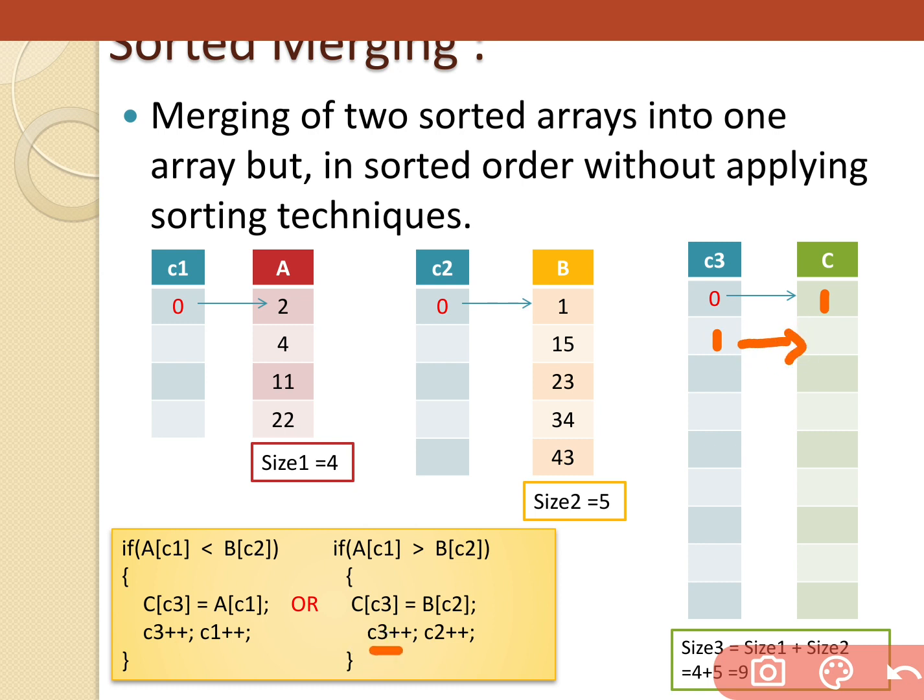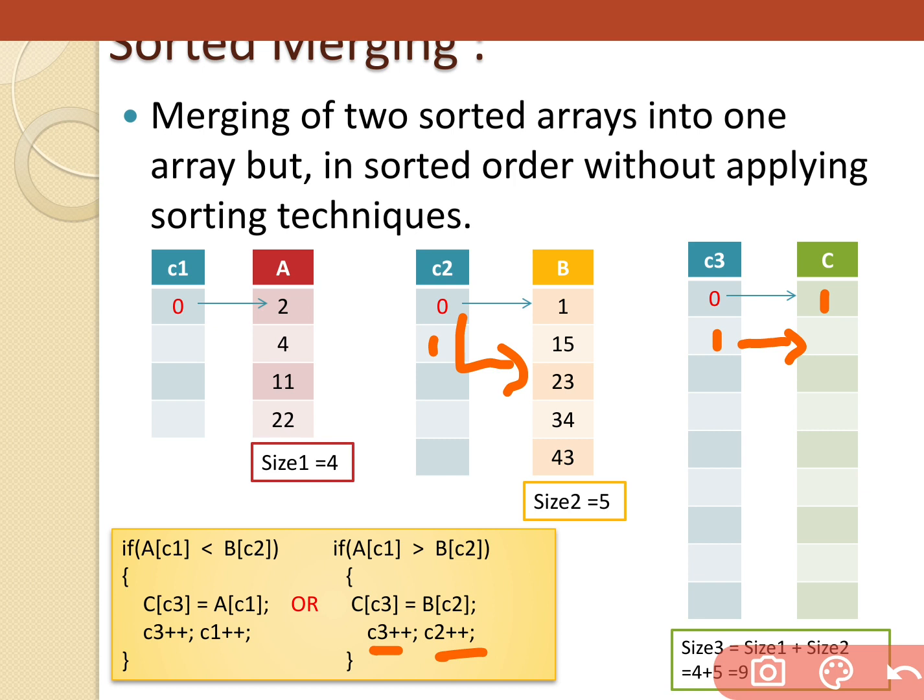See, C3 plus plus. Already 1 is filled from the B array, so the counter is going to move in another direction. Now the counter points to 15. That's why C2 plus plus. Means one element is filled inside C.